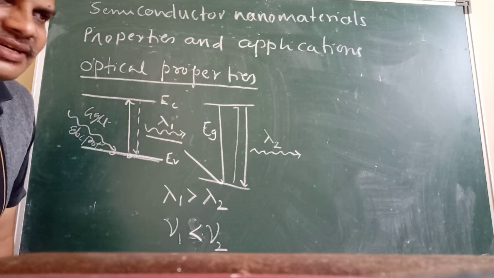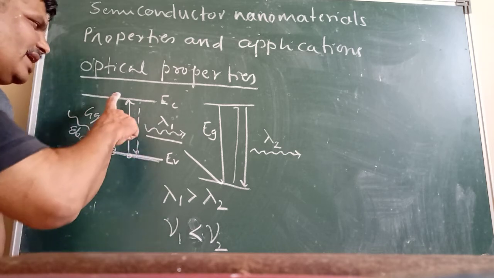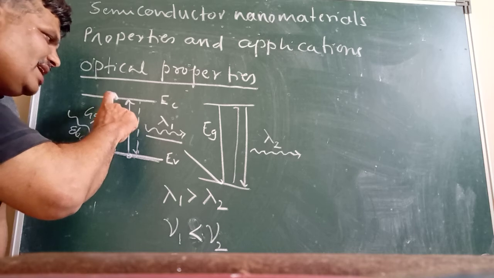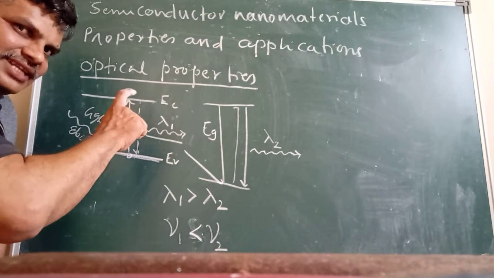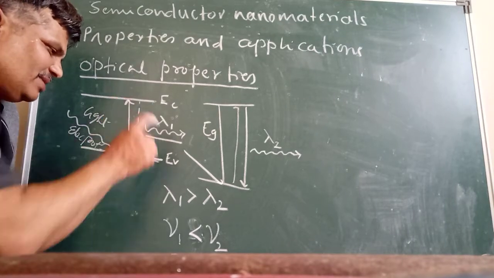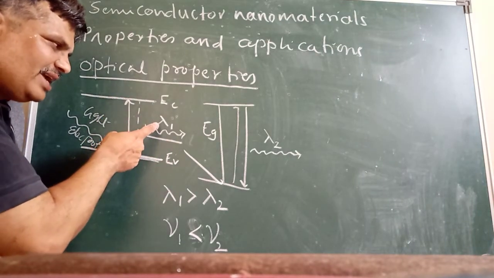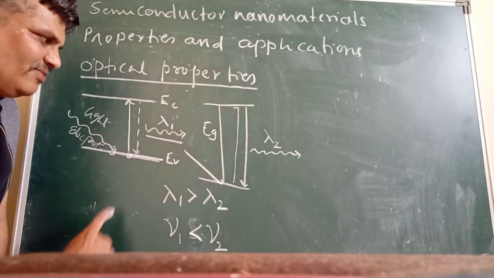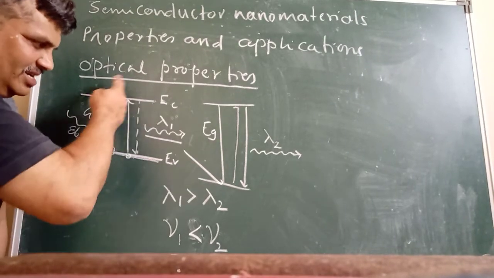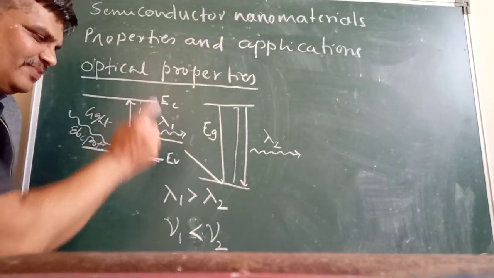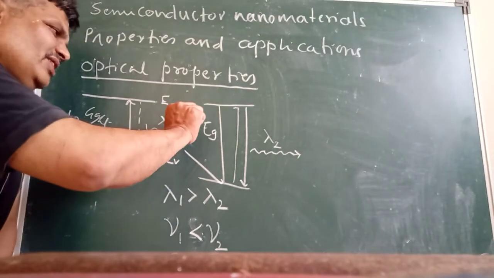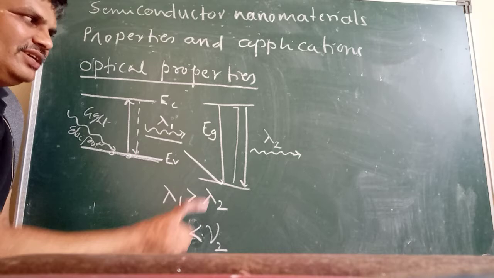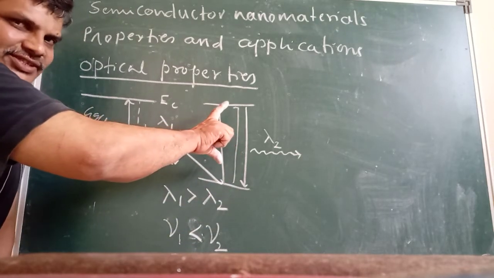The largest nanoparticles have the least band gap. So they have the largest wavelength, the largest nanoparticle size, and the least energy. Similarly, when the nanoparticle size decreases, the band gap increases.